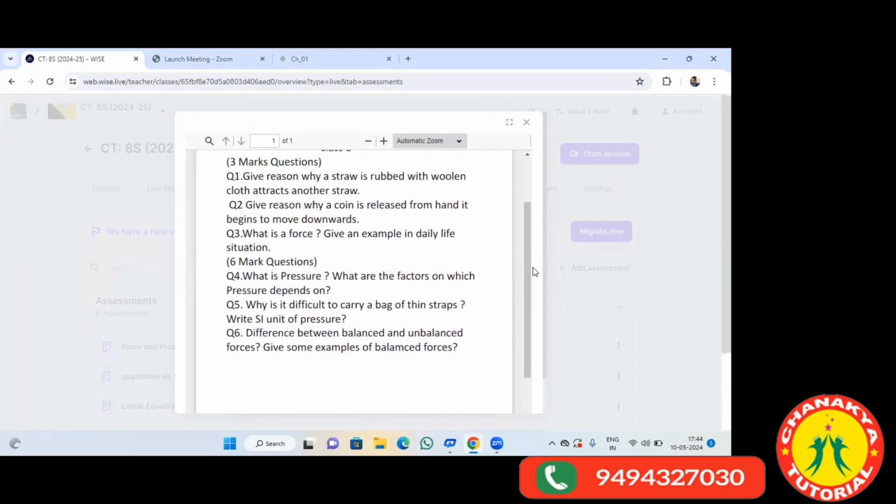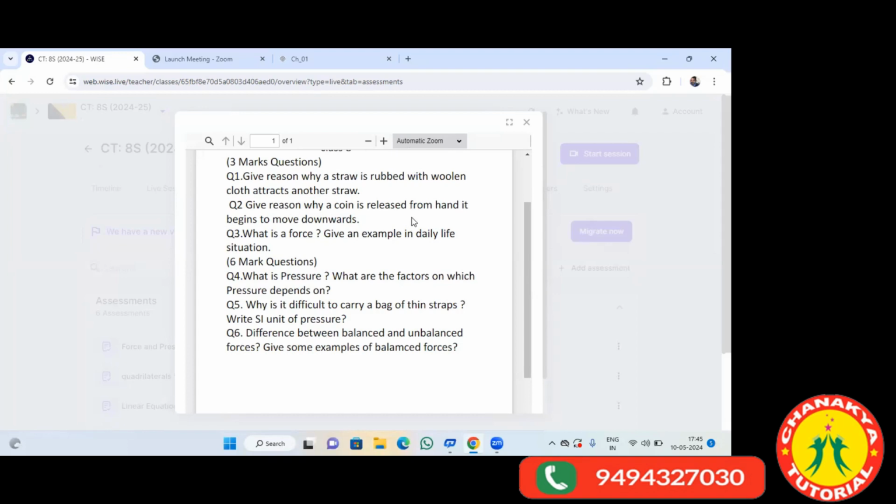Sir, our answer sheets are with whom? Your answer sheets are with Manisha ma'am. You can message her, or I will tell her to send your answer sheets somehow. Sir, I want to know where I lost my marks. The answer sheets are even with me, but I can't show you right now. If you ask ma'am, she will send it to you.